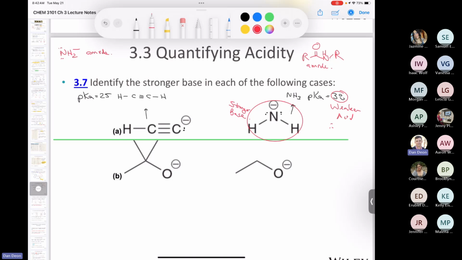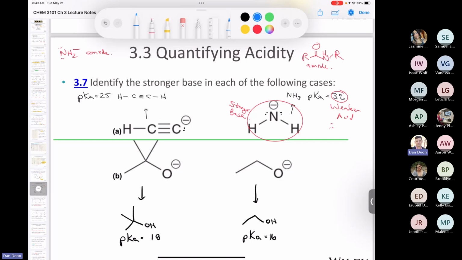So we have a tert-butoxide ion and ethoxide ion. So this one takes a little bit better memory, but if we draw the conjugate acid of this, we get tert-butanol, and the conjugate acid of this, we get ethanol. Not a big difference between the pKa's in these two, but the pKa of tert-butanol was 18, and the pKa of ethanol was 16.